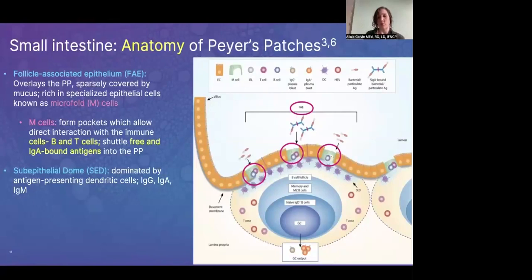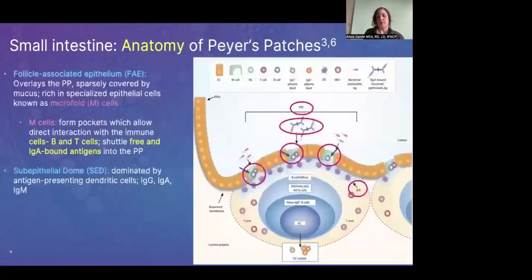And then it interacts with these M cells, and then it goes to the subepithelial dome, where you have these antigen presenting dendritic cells. These cells are sampling. So you have the binding of the IgA to whatever it needs to bind to. It comes in through this M cell. The dendritic cells are sampling to see, okay, what's going on here? What do we need to do with it?